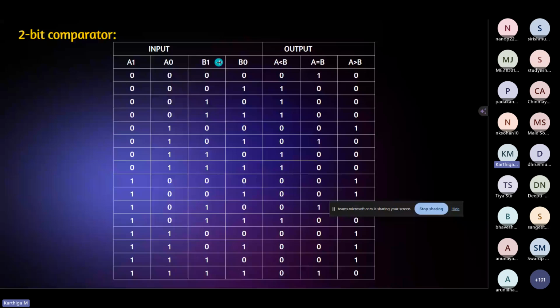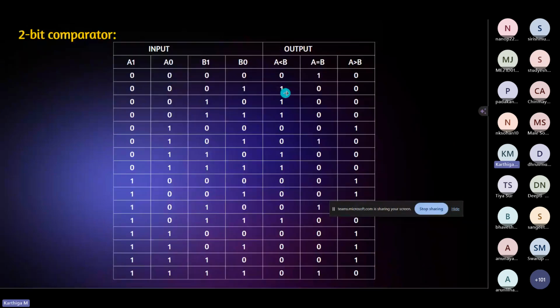We first compare the most significant bits of the two binary numbers, which are A1 and B1. Now if A1 is greater than B1, we directly say A is greater than B. If A1 is equal to B1, then we move on to comparing the next two bits, which are A0 and B0. Getting it?